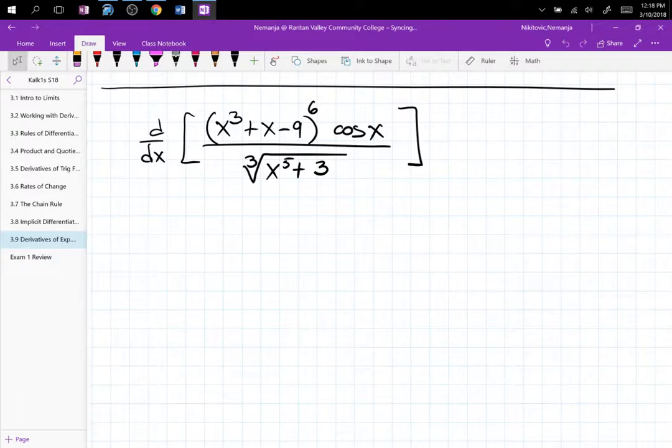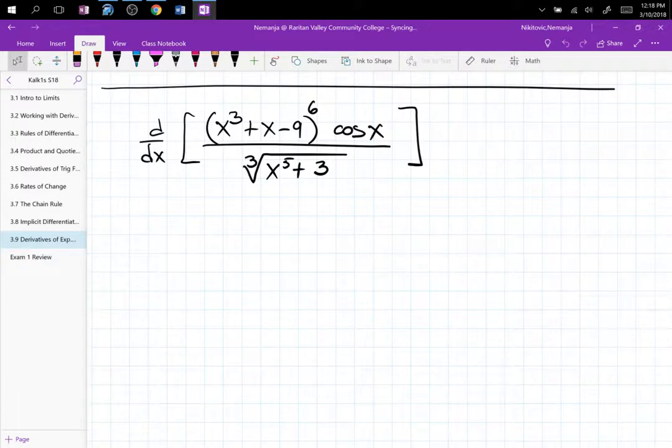So what would be the derivative of this? I'm going to just write out the final factored answer, without any work in between. So the answer should be x cubed plus x minus 9, everything to the 6th power, times cosine x divided by cube root of x to the 5 plus 3, times, and now here comes the other part.